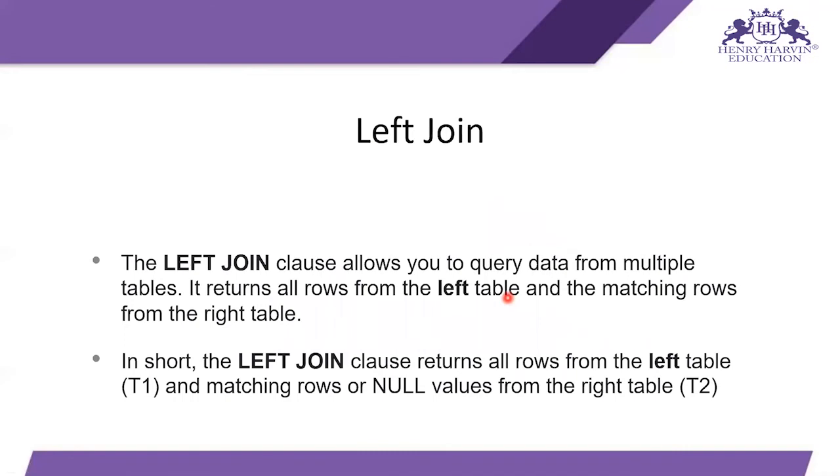The left join clause allows you to query data from multiple tables. It returns all rows from the left table and the matching rows from the right table. So here, the left join will take the data set from the left table, and it takes the data set from the second table where there is something common between the first table and the second table.